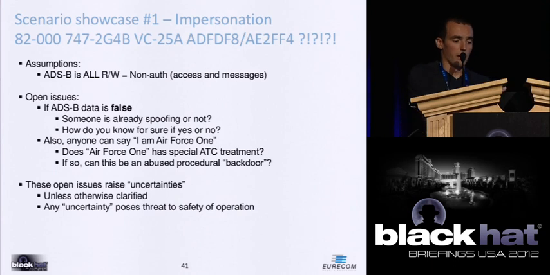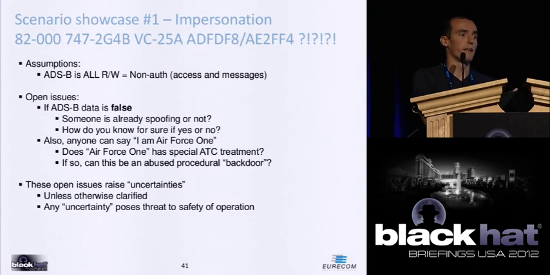The other thing is, let's say the data was false to generate this aircraft. This means that somebody is already spoofing, right? If it's not real data, then somebody spoofed the aircraft, Air Force One. And how do you know that it was spoofed or not?